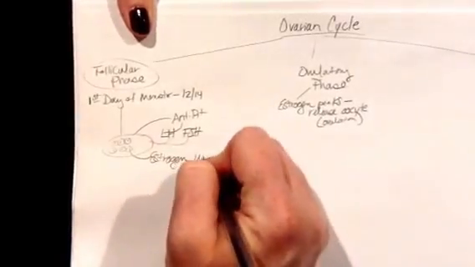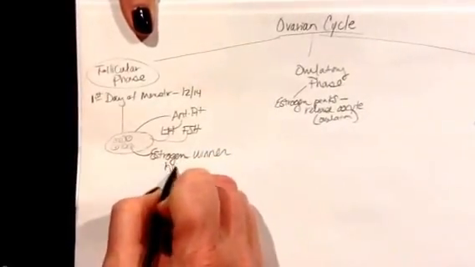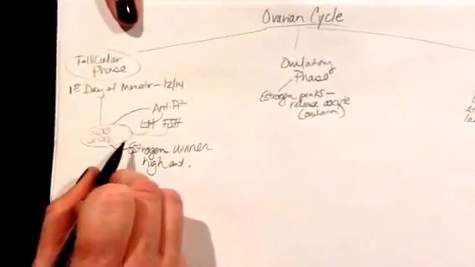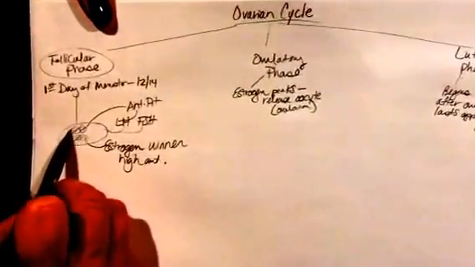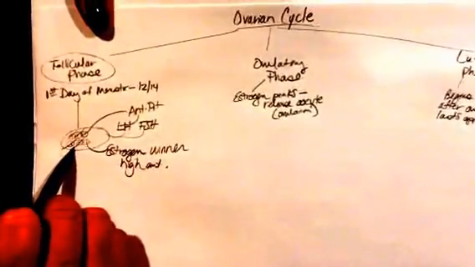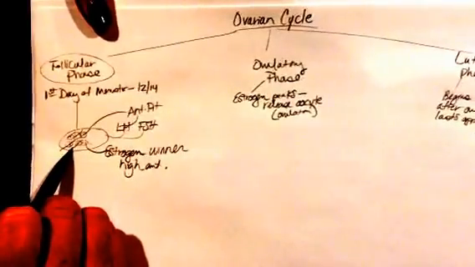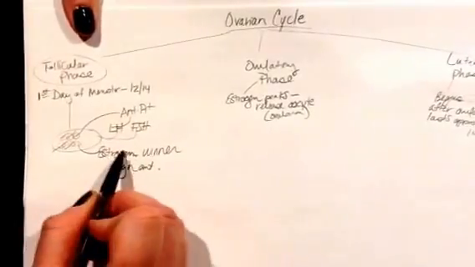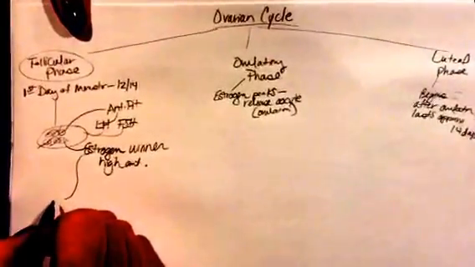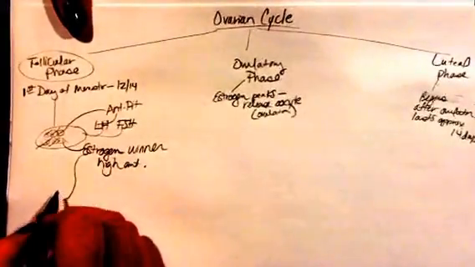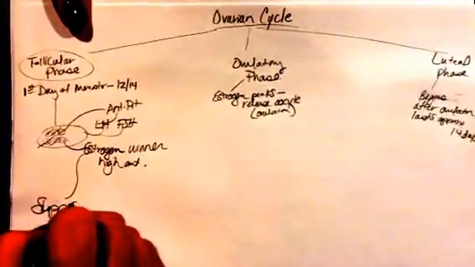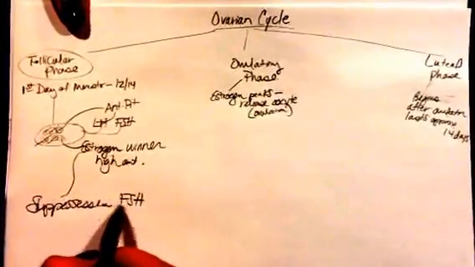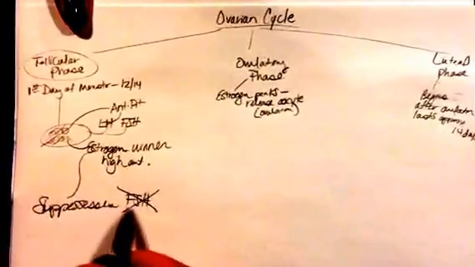The winner produces a high amount of estrogen. This high amount of estrogen is what suppresses all of these other Graafian follicles from being produced as well. This large production of estrogen then suppresses FSH. And when you think about that, that makes sense because we don't need any more follicles stimulated anymore.